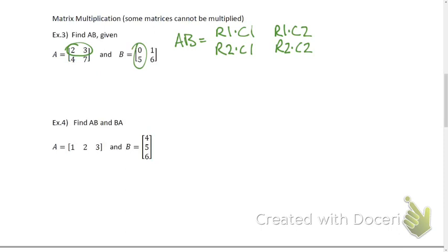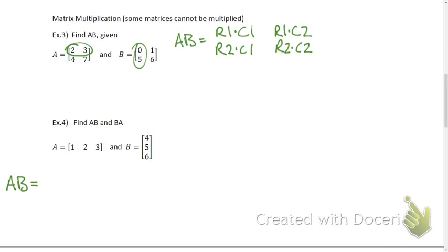So down here on number 4, we get a really weird result for both of these questions. When we do A times B, there is only one row, and there's only one column for B, so we only end up with one number.